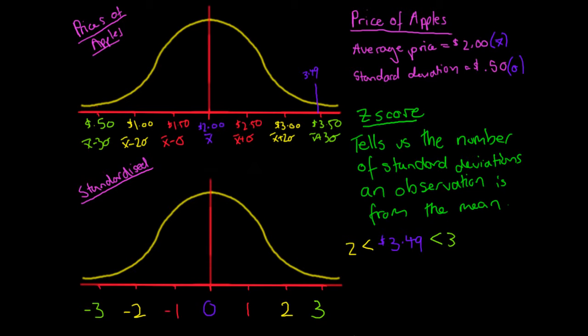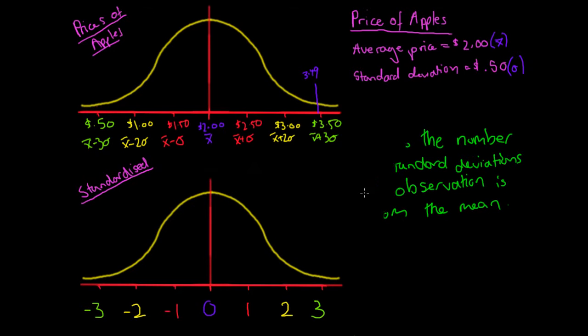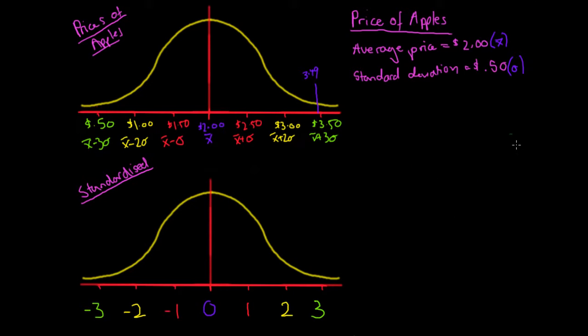So what we actually do to find this z-score is we can use a handy formula. And it's a very intuitive explanation, but for our purposes we really only need to know what the formula is. So to calculate this z-score, we want to calculate it for this observation of $3.49.